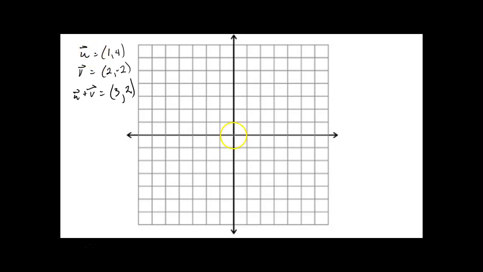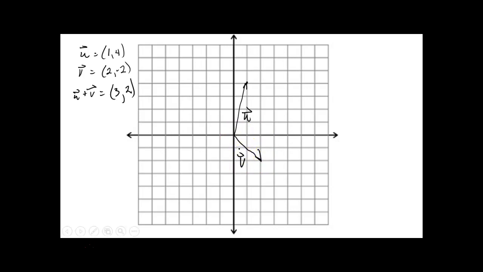These are vectors. Okay, so let's do this. Vector u is 1 on the x-axis and 4 on the y. So there is vector u. Okay? Vector v is 2 on the x and minus 2 on the y, so it's down this way. Okay, here's vector v.